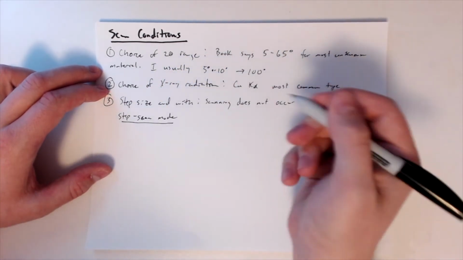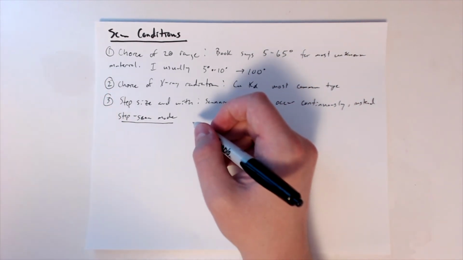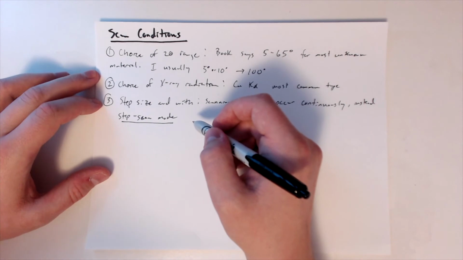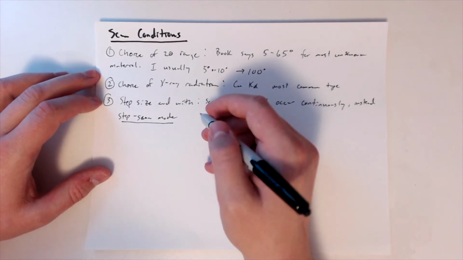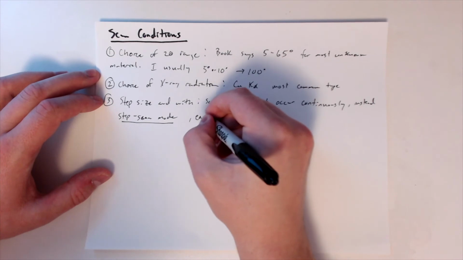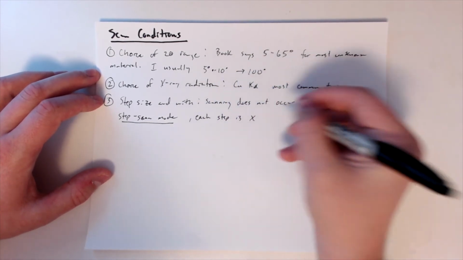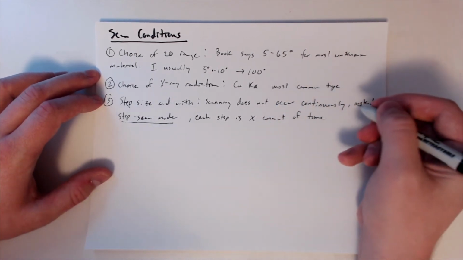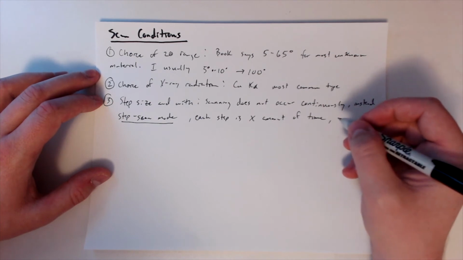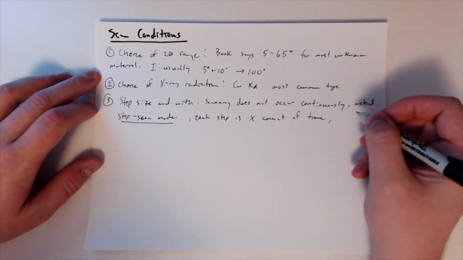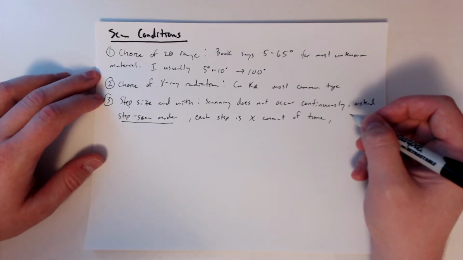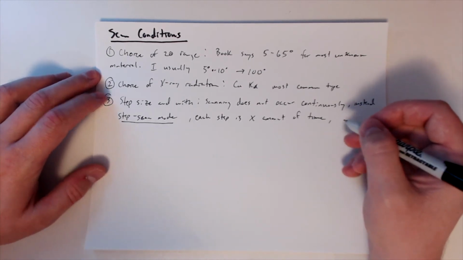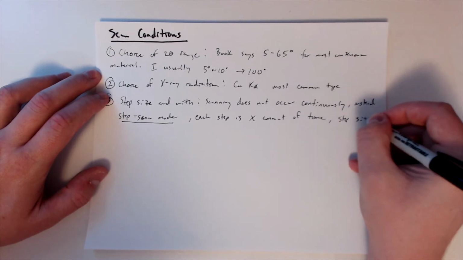So what we do is we hold the goniometer, which controls the angle, at a given position for an amount of time, so that each step is X amount of time. And then we basically move the goniometer to the next degree that we want to look at, and so that constitutes the step size.